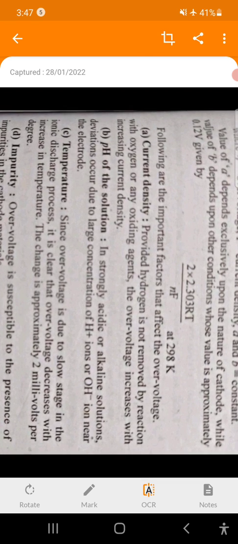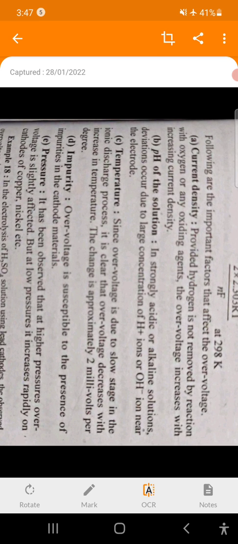Based on this overvoltage equation, Tafel's equation, there are some examples given in your book also. Small examples for 2 to 3 marks.